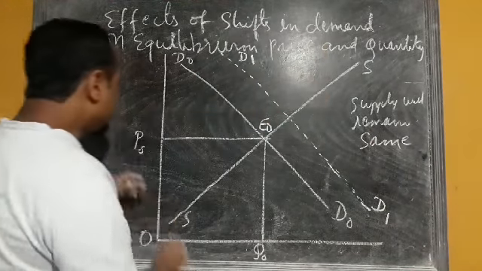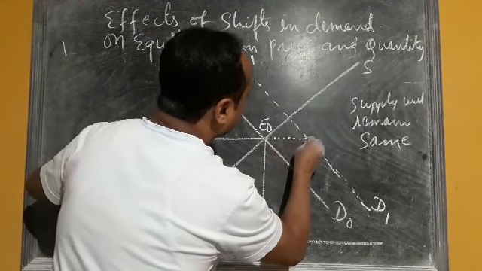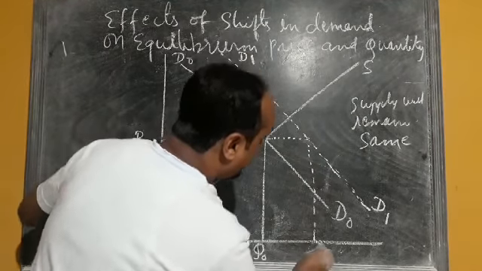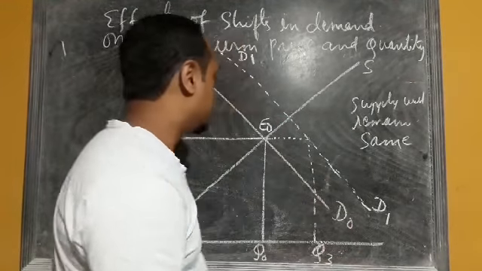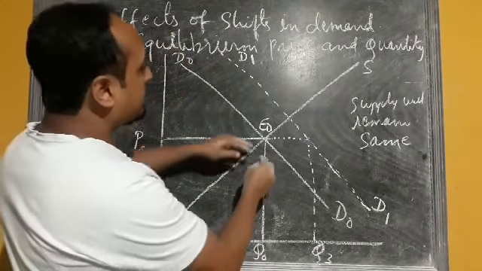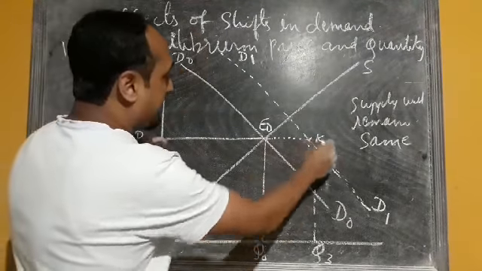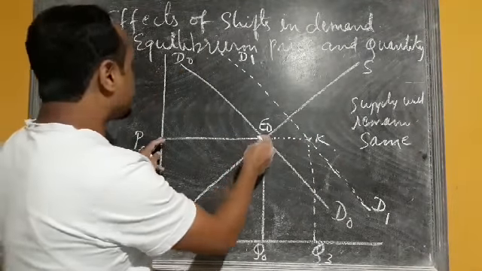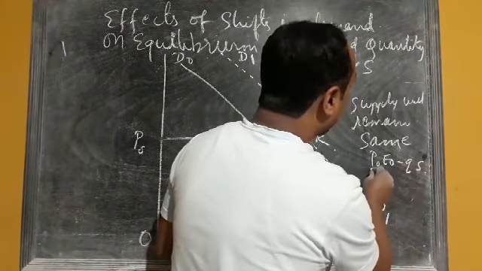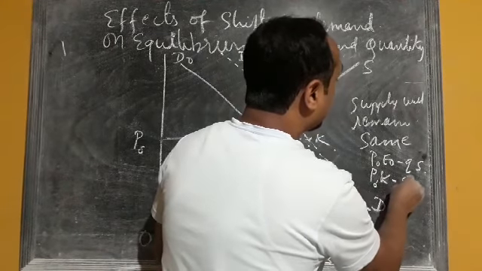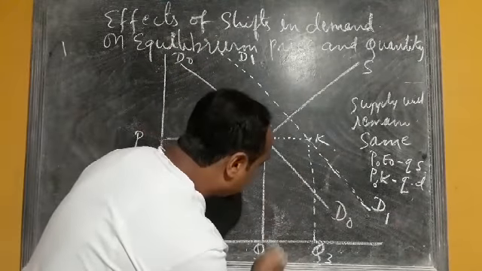Now if you see at the initial price OP0, if you extend this line, let's consider this quantity as OQ3. At the initial price, quantity demanded is P0K, but quantity supplied is only P0E0. So P0E0 is quantity supplied, P0K is quantity demanded. So what situation is arising?